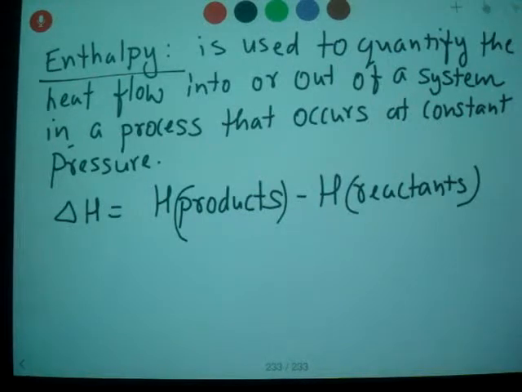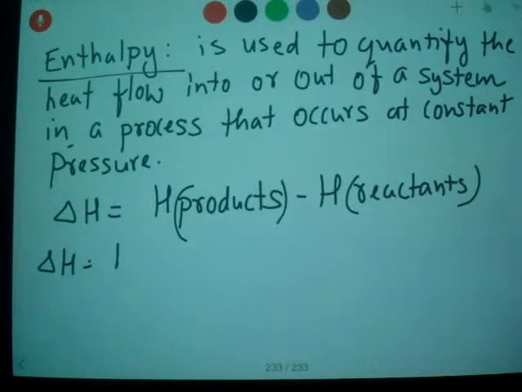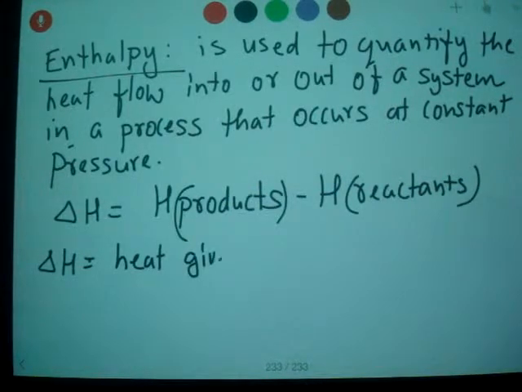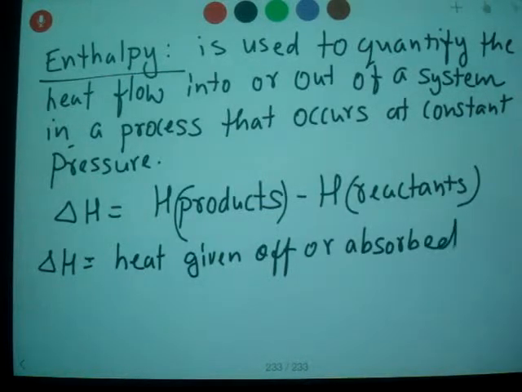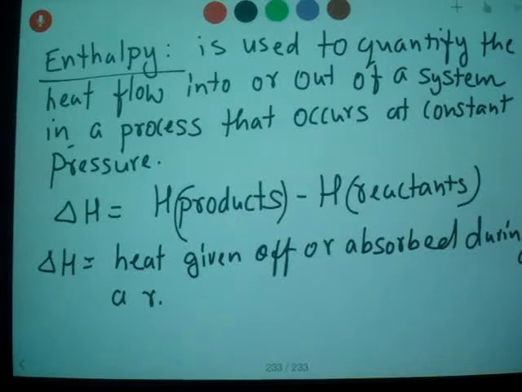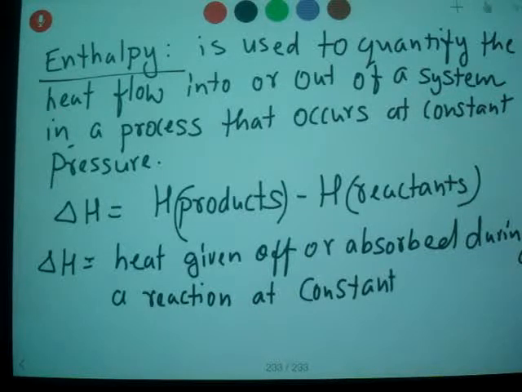So now delta H is heat given off or absorbed during a reaction at constant pressure.